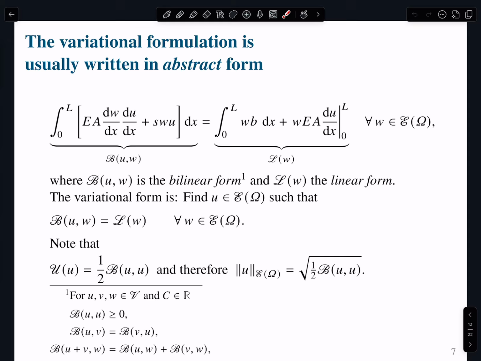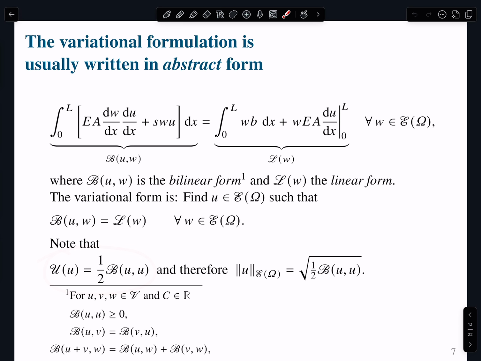Now, if you recall, we did manage to get a way to measure functions. Remember that the energy space was inducing a norm. If you look at this term here, the bilinear form looks incredibly similar to the strain energy. If I replace w by u, it is basically one half of that, and this is what this is saying.